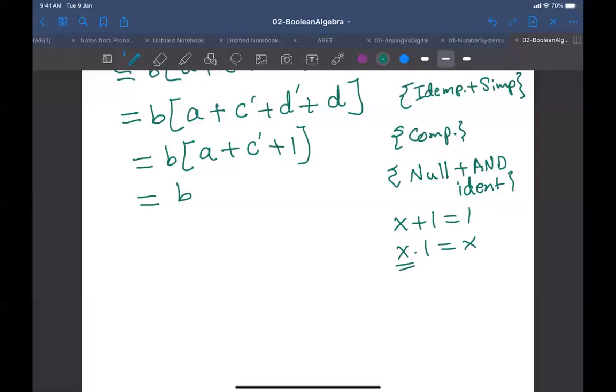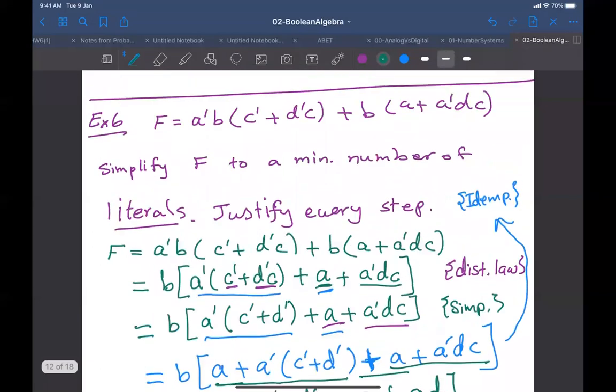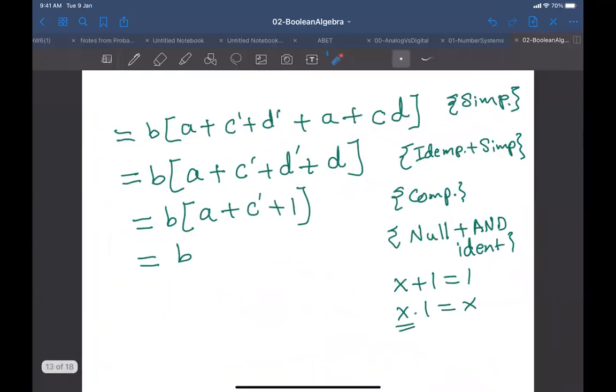Any question? So this big expression turned out to be just one literal eventually. This whole expression here is equal to, in fact, B. To convince yourself about this, you can derive the truth table of this function and compare its value to the B column. You notice that it equals B. All right, any question?